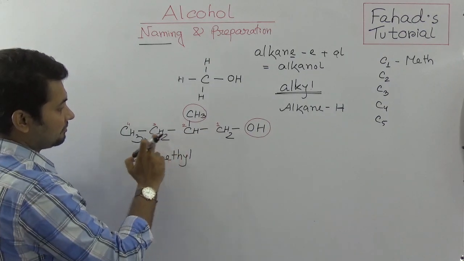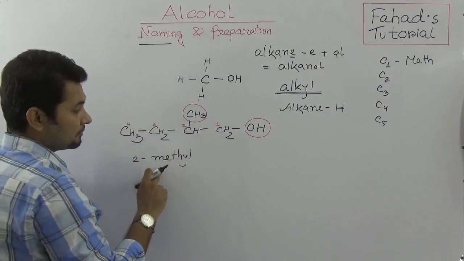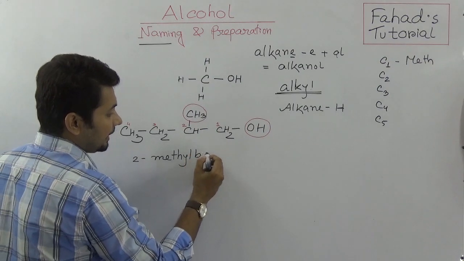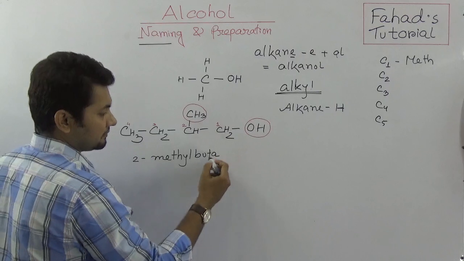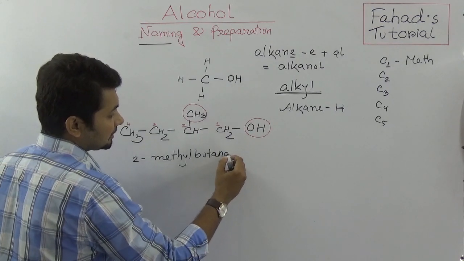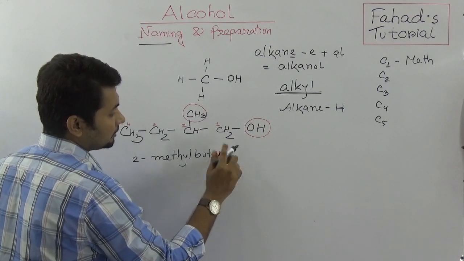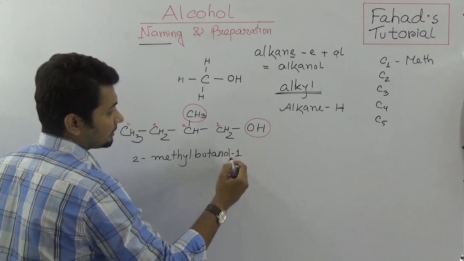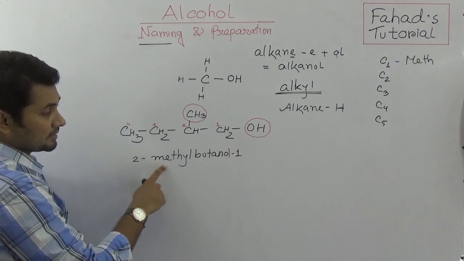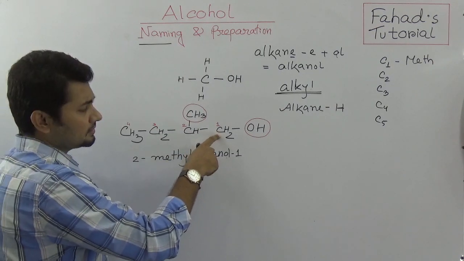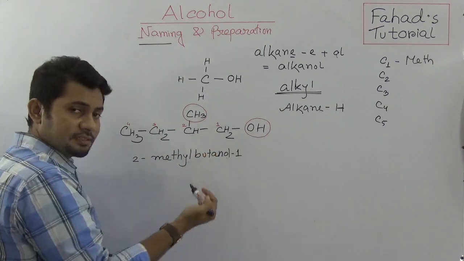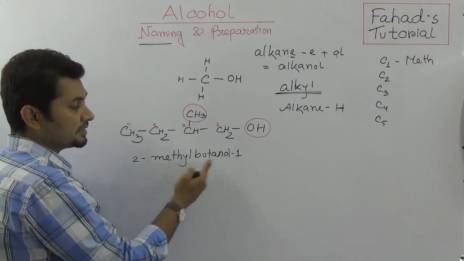Okay, number of carbon 4, so we say buta, butanol 1. 2-methyl butanol 1. That's because this CH2OH is given as number 1 carbon, so we say 2-methyl butanol 1.